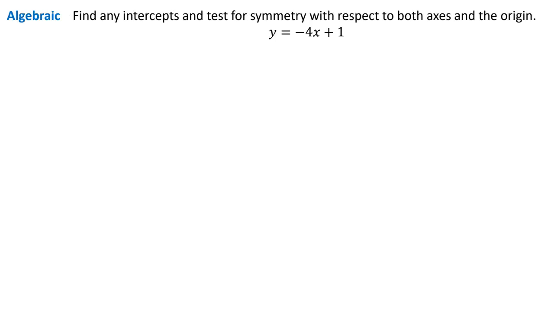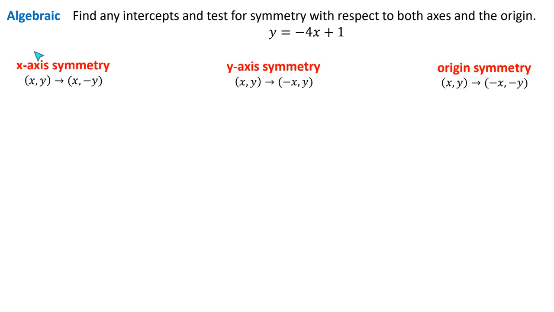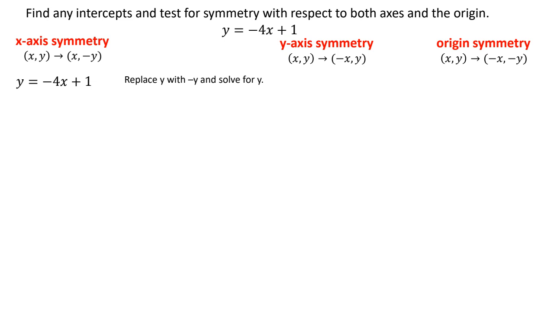However, we are not always given the graph, so we can find the symmetry algebraically. To find the x-axis symmetry, we're replacing our y with a negative y. So here's my equation. I'm going to replace y with a negative y. And then I need to solve for y.